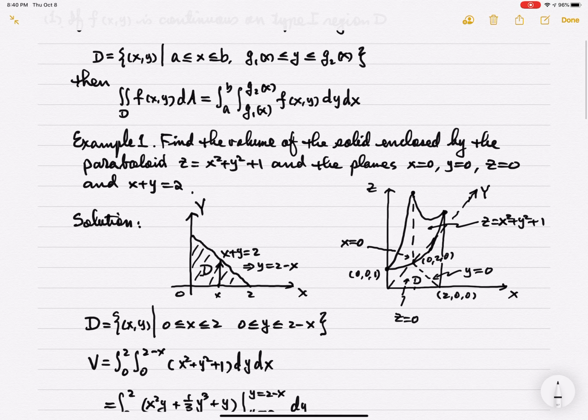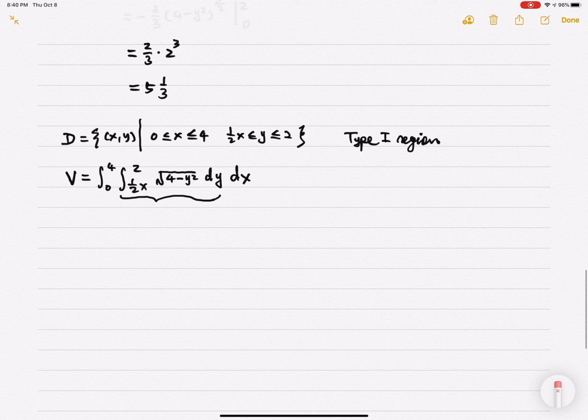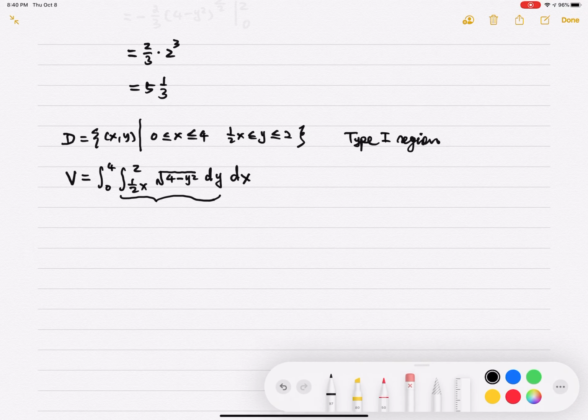Let me see, because if you look at it here, you have both x squared plus y squared. So with respect to x and y, it's symmetric.